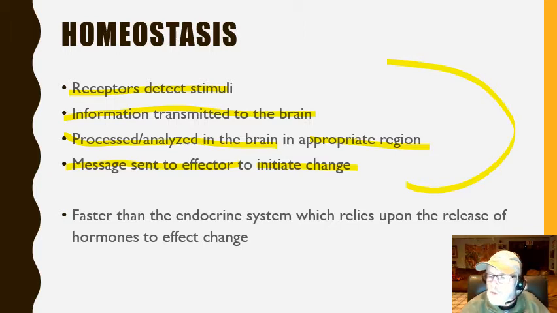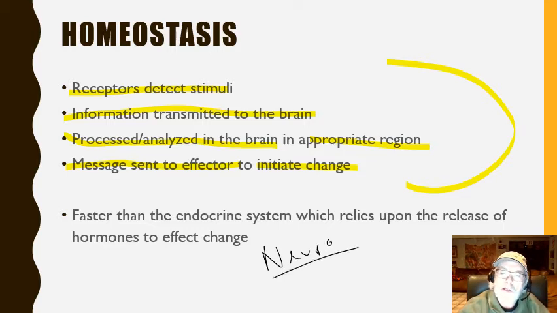When we talked about homeostasis before, there are two ways we could get homeostatic control. One is by the neurological system, and that's a fast, immediate response. Why? Because it just sends out a signal by this nerve and it's done. You can't wait for a response. It's fast. The other system involved with homeostasis is the endocrine system.